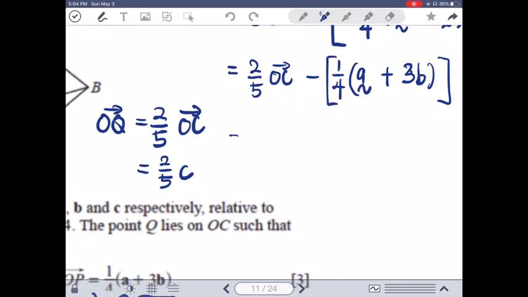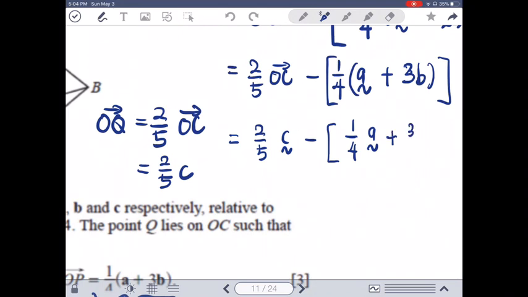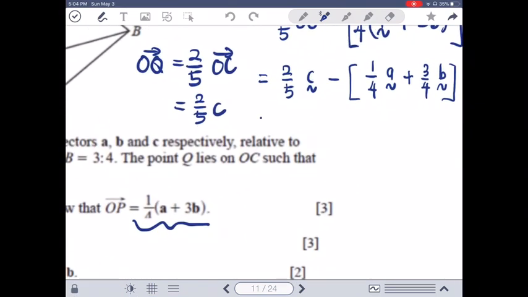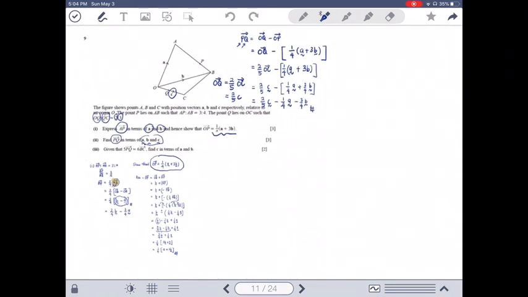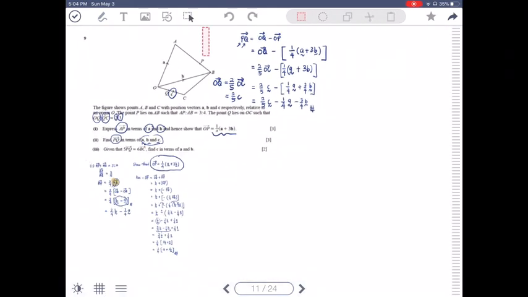So again, this is just 2 over 5 of vector C minus 1 over 4 of vector A plus 3 over 4 of vector B. So final answer should be 2 over 5C minus 1 over 4A minus 3 over 4 vector B. So that is your answer for question 2. Okay.